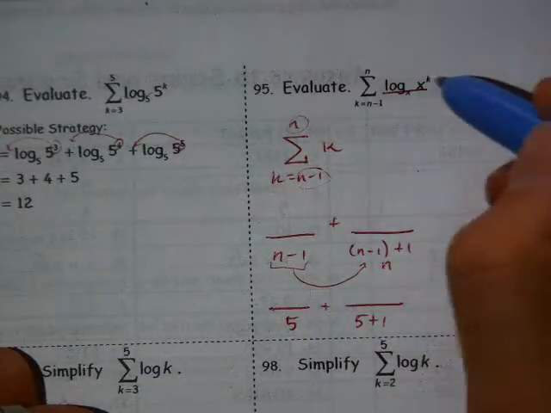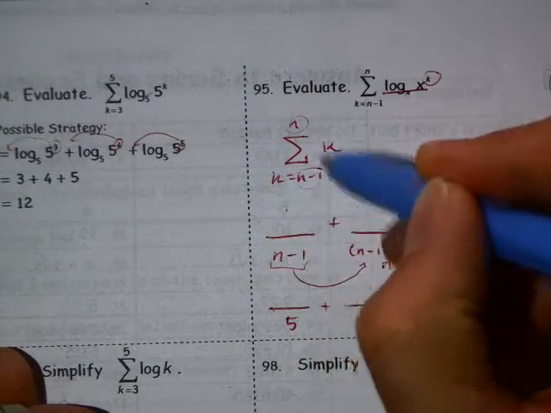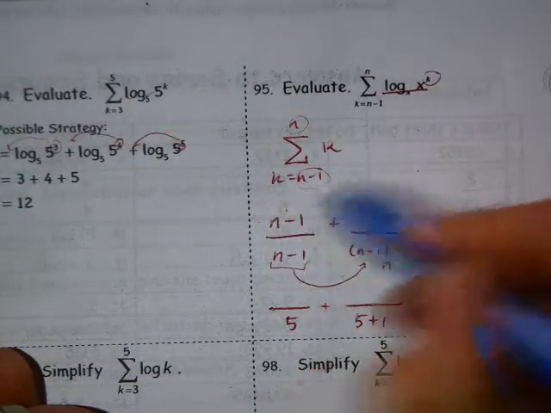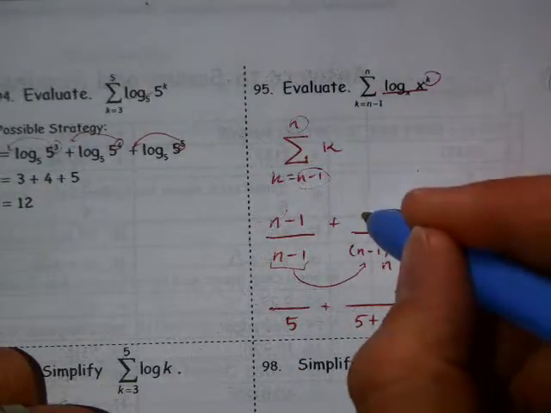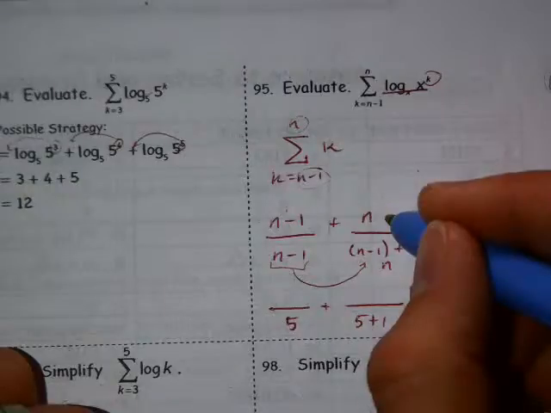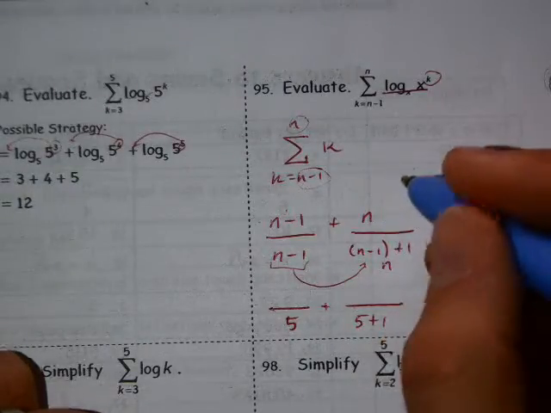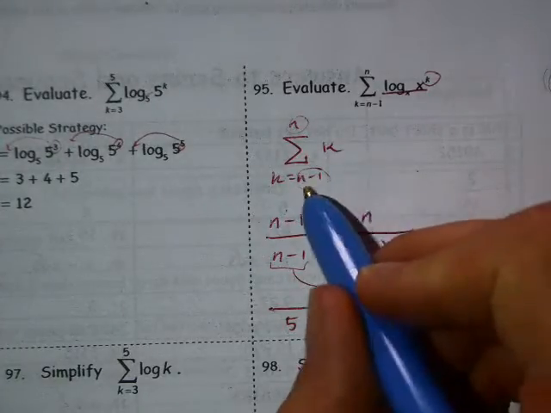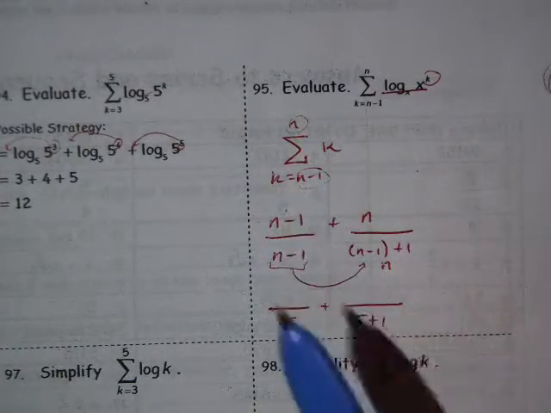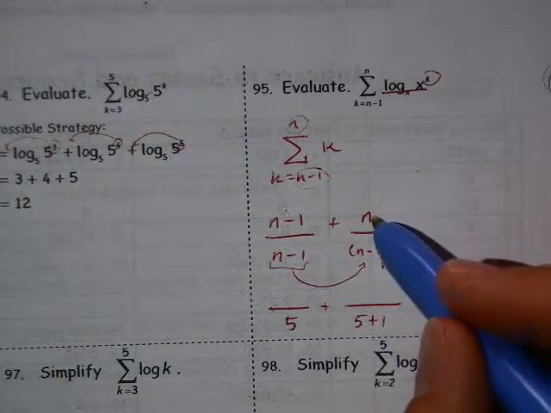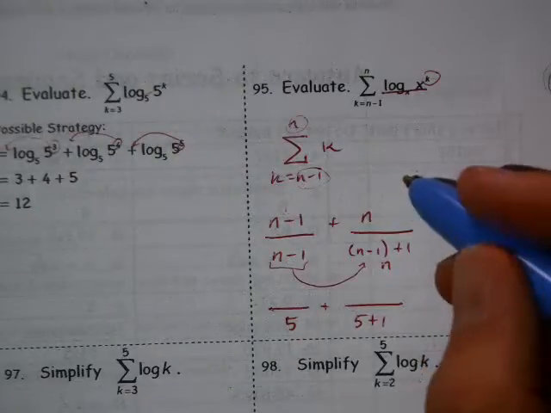So let's put that in. What do we have? We've got k. So our k is n minus 1. The first one is n minus 1, and the next one's going to be just n.